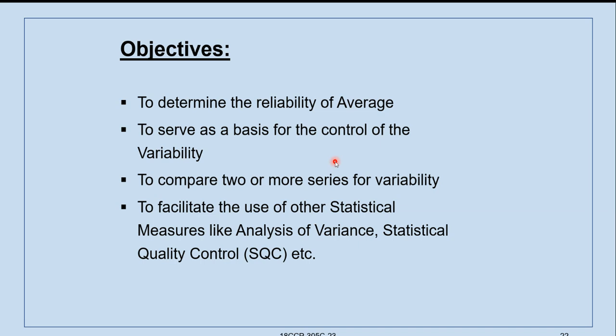So measures of dispersion will question the reliability of the average, that is, how far averages are correct, good, reliable, to serve as a basis for the control of variability.